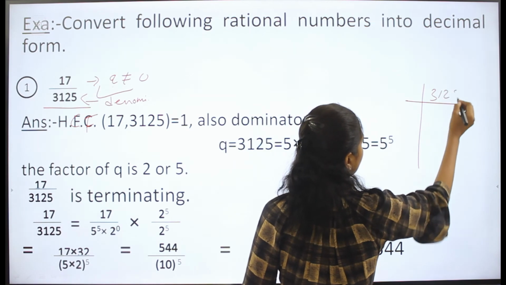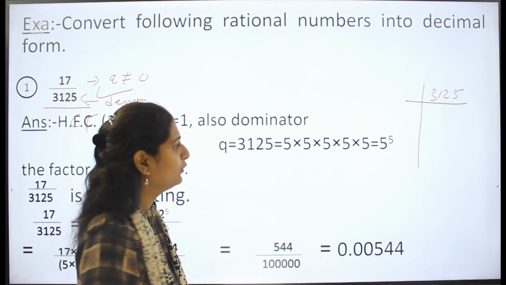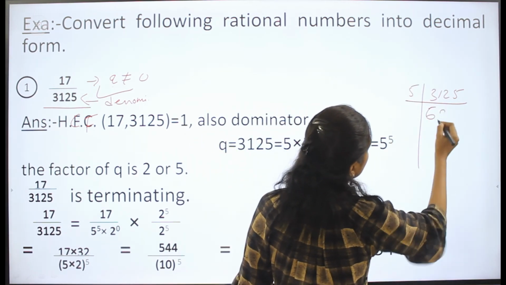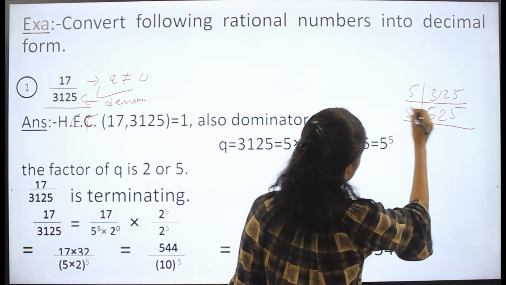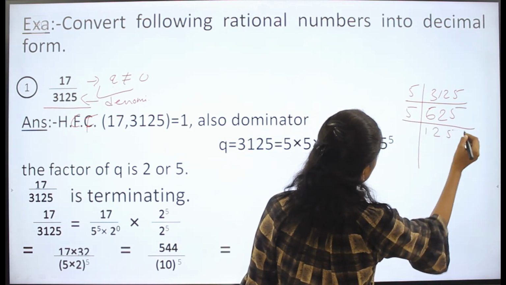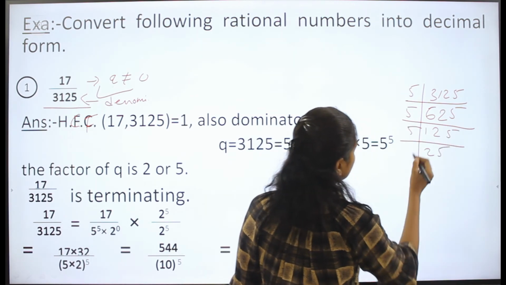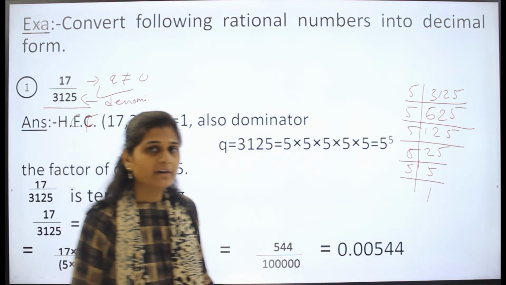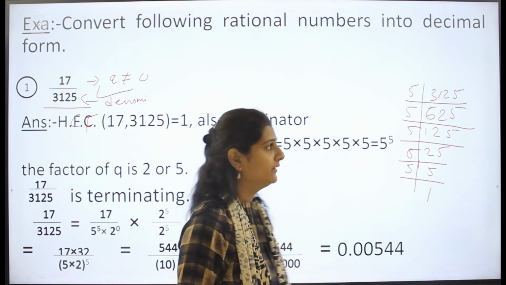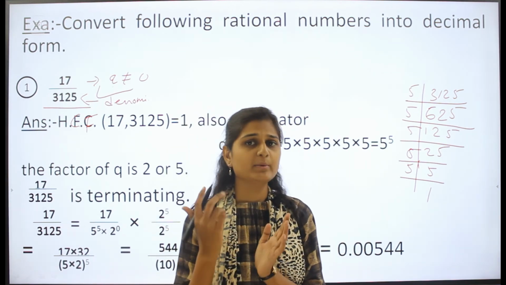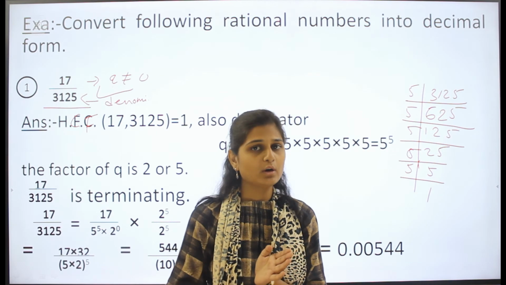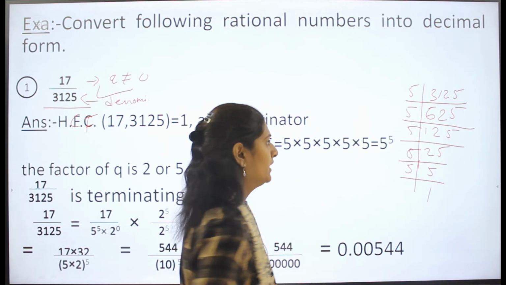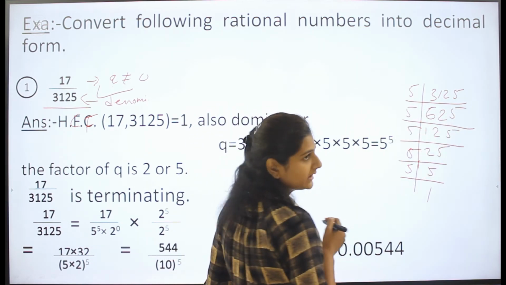If you are finding the factors of 3125, if you start with 2, it is not divisible by 2. Then you go to 3, then 4, but it is directly divisible by 5. So here I am getting 5 times 625 is 3125.